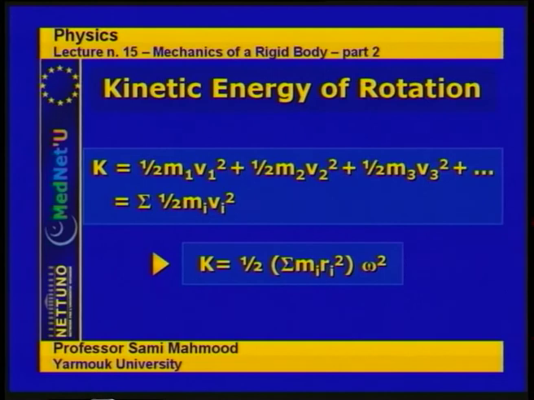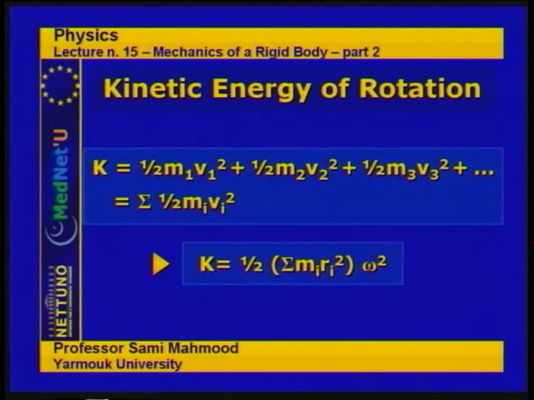It's a constant that we can move outside the summation. Inside the summation, we have m_i r_i squared, and we keep it there, in parentheses, times omega squared.